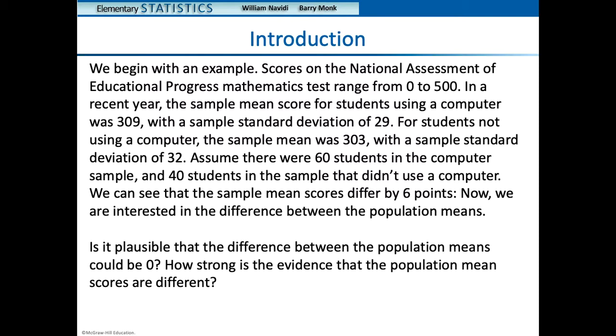A sample of students who took this test and used a computer, and a sample of students who took the same test but did not use a computer. So the purpose of the hypothesis test is to explore whether allowing computer use on the test makes a significant difference in the outcome of the scores. So that's what the test will explore.